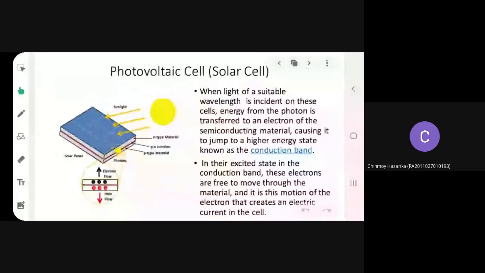The electrons will try to jump to the conduction state, and in that excited state they will move freely. When these electrons are moving freely, it results in electricity. This is how light energy is converted into an electric current via a solar cell, otherwise called a photovoltaic cell.